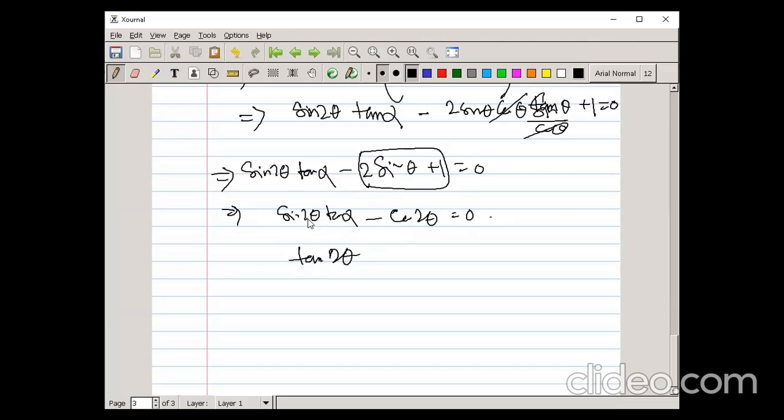If we take this one to this side, this is plus and then divide. So sin 2 theta by cos 2 theta, that is tan 2 theta. So tan 2 theta is equal to nothing but, how much is it? 1 by tan alpha. Okay.